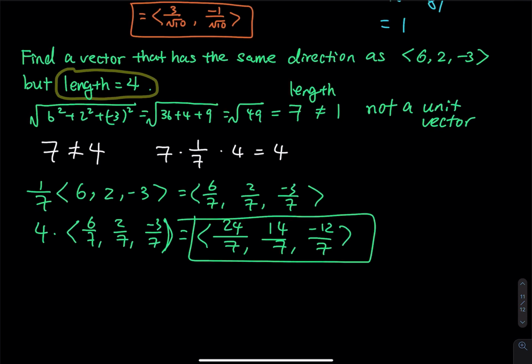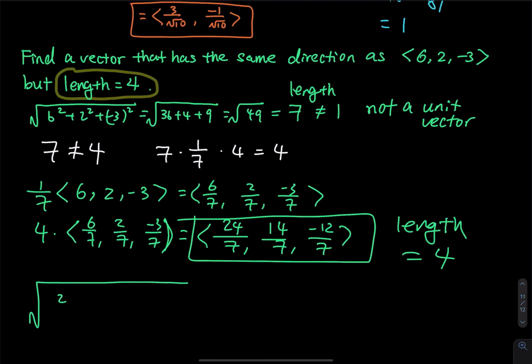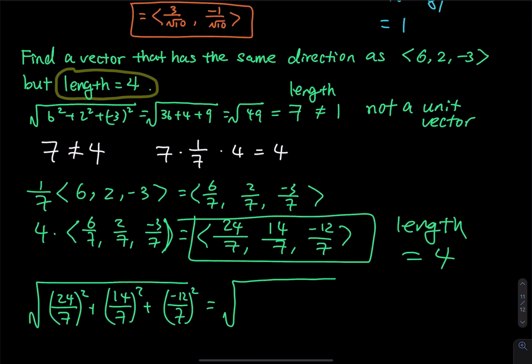And then so this one, the length must be equal to 4, right? Let's take a look. We have the square root of (24 divided by 7) squared plus (14 divided by 7) squared plus (negative 12 divided by 7) squared. So the bottom is 49. What goes to the top? The top is 24 squared. 24 squared is 576. And then 14 times 14 is 196.